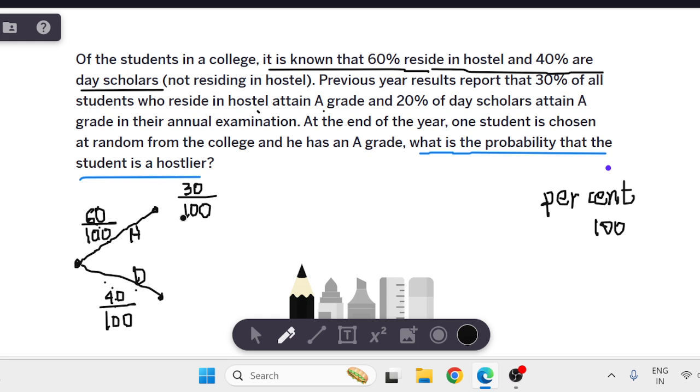This means out of 100, it is 30 cases. So in 1, it will be 30 by 100. In that, again, this will be 20 by 100. These are the people who got grade A. Here also grade A.